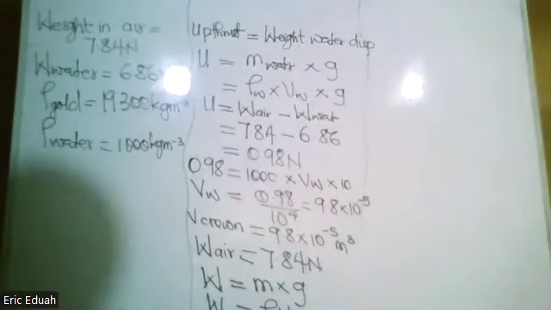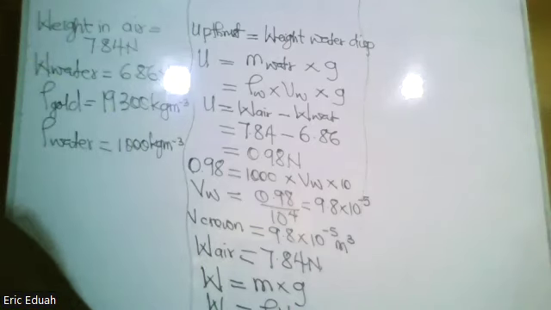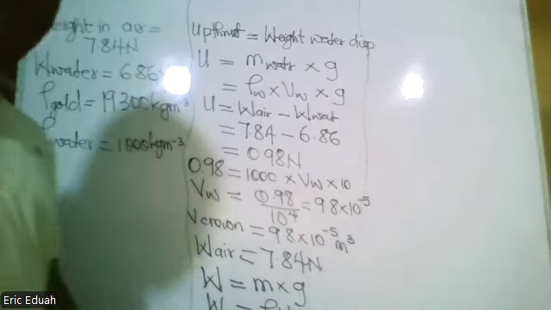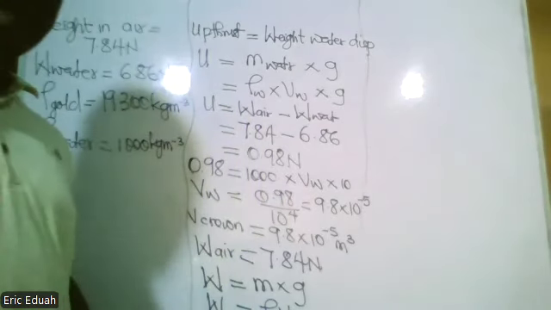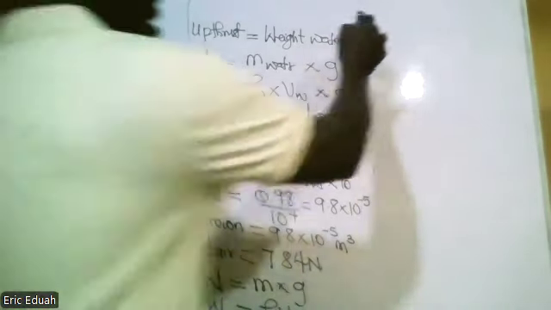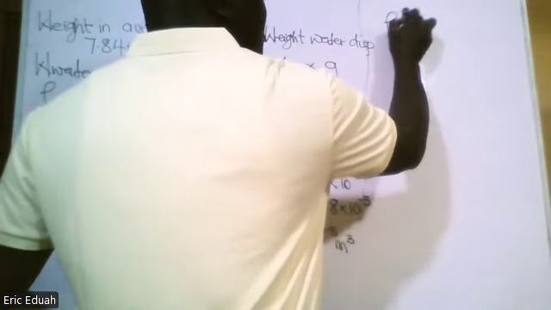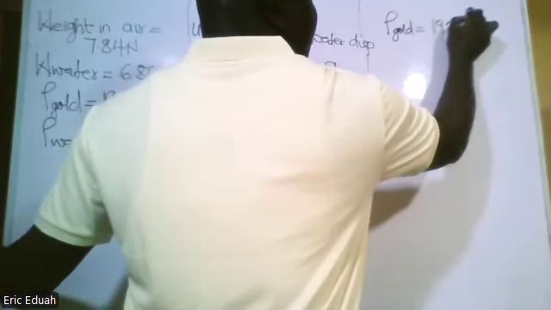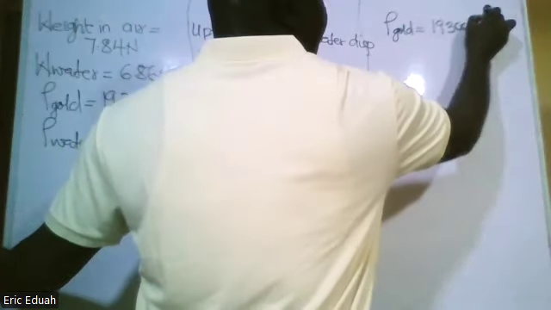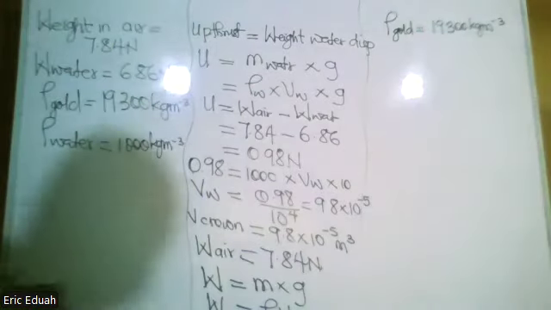So the density of the crown is 8,000, meanwhile, the density of pure gold is 19,300 kilogram per cubic meter.